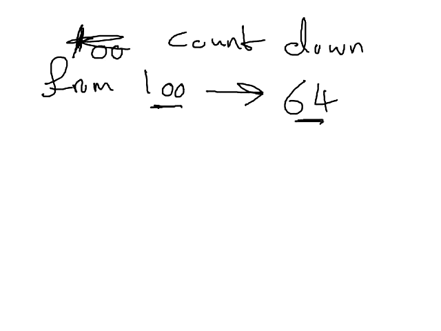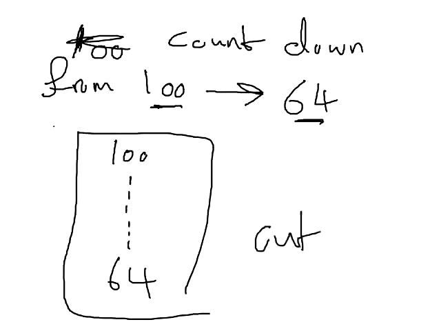Using both, the first time use while, then use for. The output should print the values from 100 down to 64. So this should be your output. This is what I would like you to do.